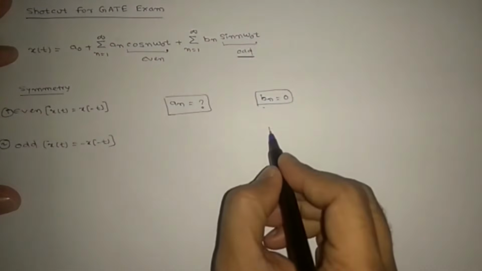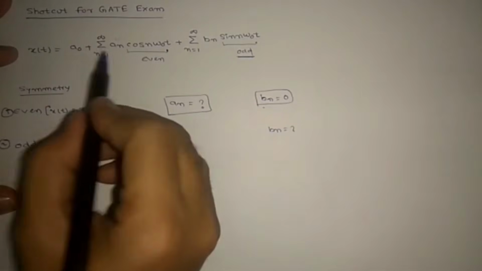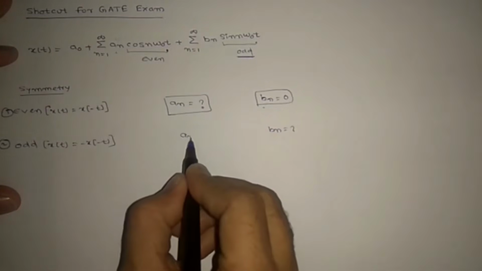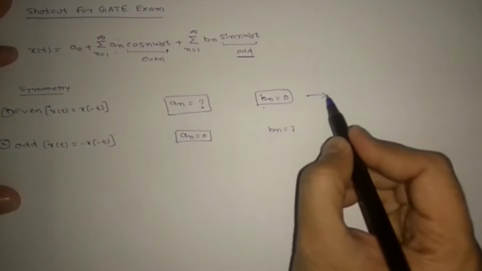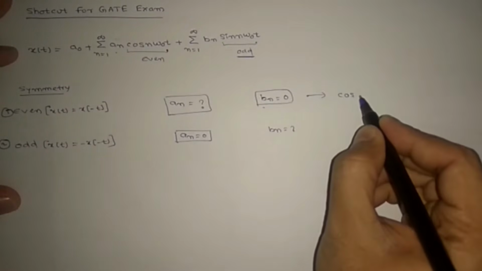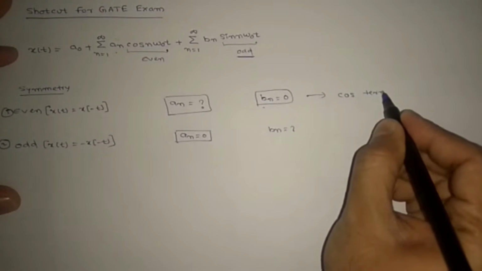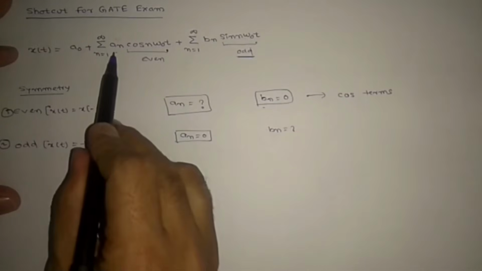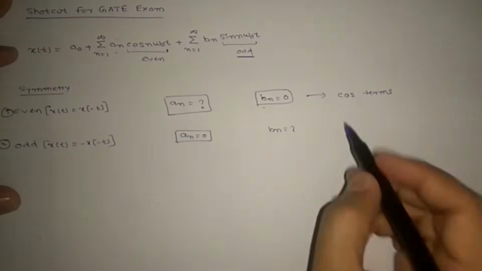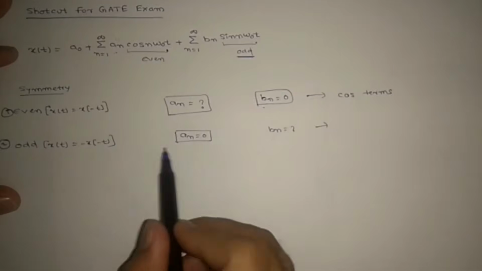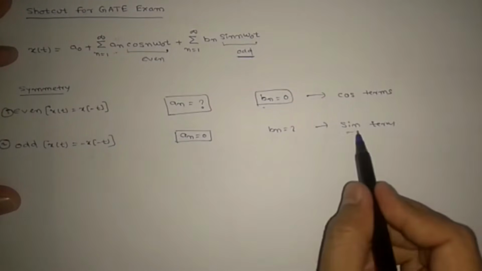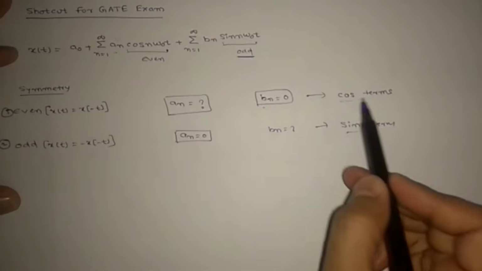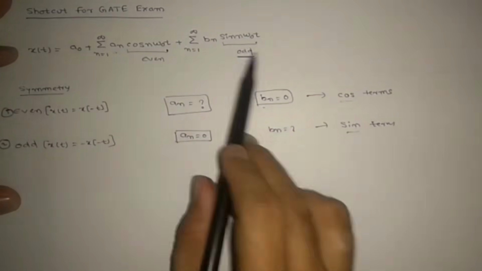So bn will be there and an is 0, right? See, if you write this equation, it will have all cos terms because an is there. So it will have cos terms. If it is an odd signal, it will have all sin terms. See, odd signal will have sin terms, even signal will have cos terms. That's what cos and sin.